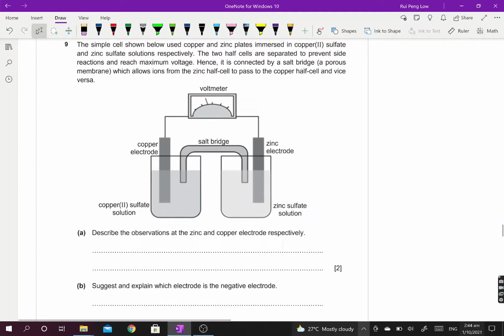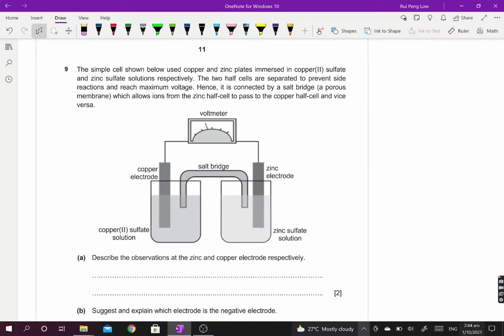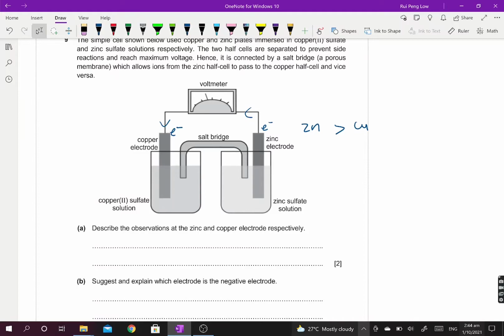So what happens is that zinc is more reactive than copper. Whenever zinc is more reactive than copper, it will lose electrons and give electrons here. So in this case, we need to look at what is inside copper 2 sulfate.